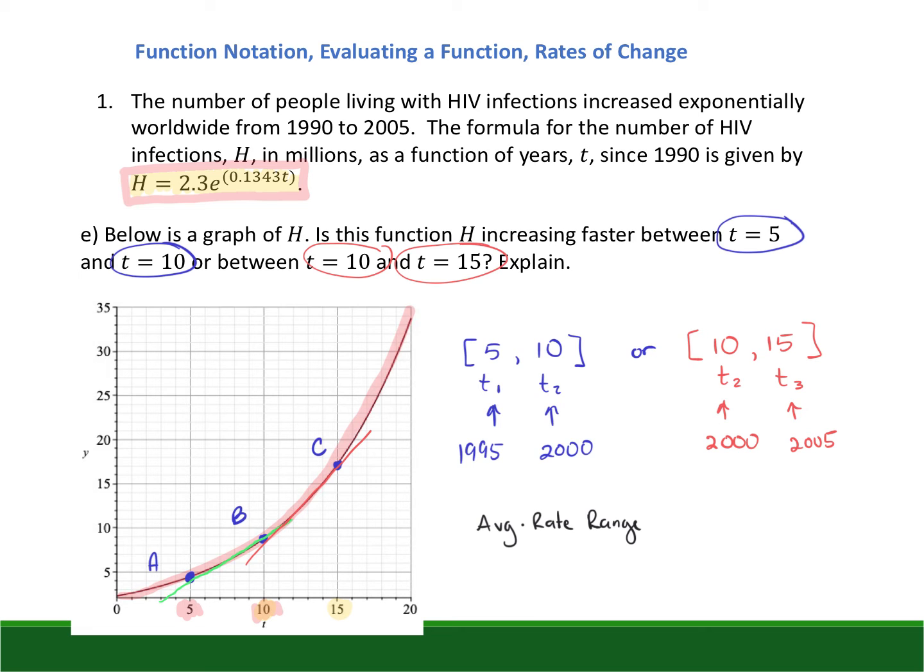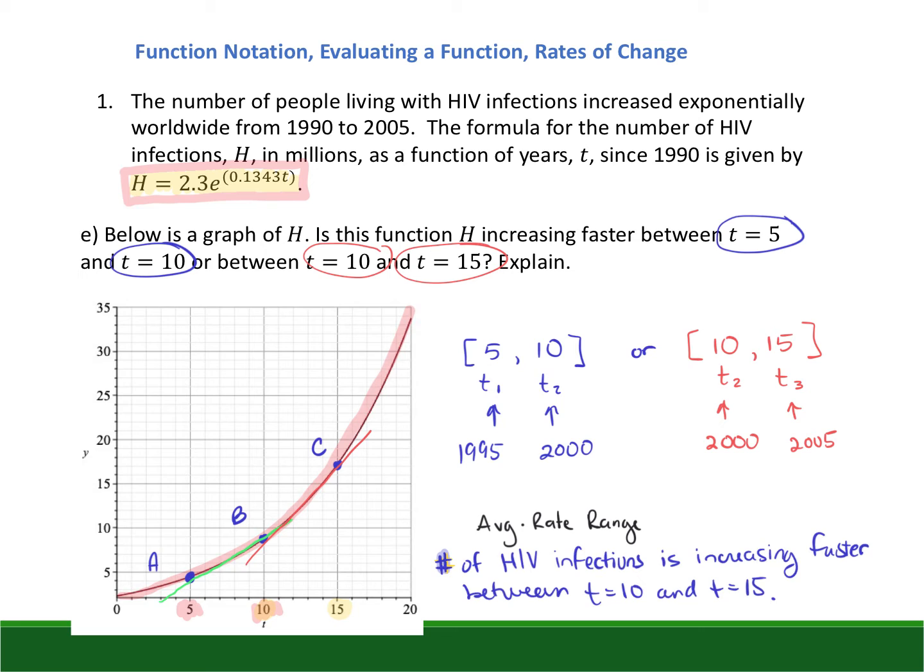So visually and graphically, what this is telling us is that the number of HIV infections is increasing faster between t equals 10 and t equals 15.